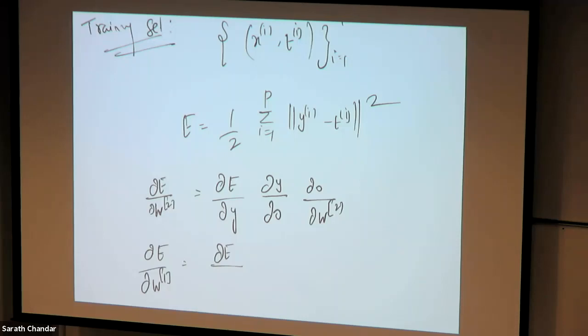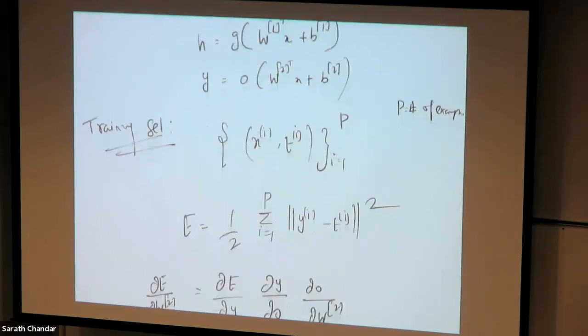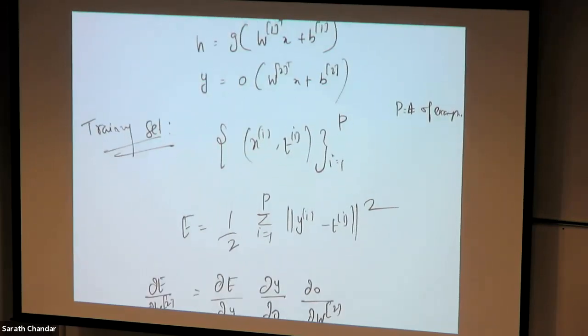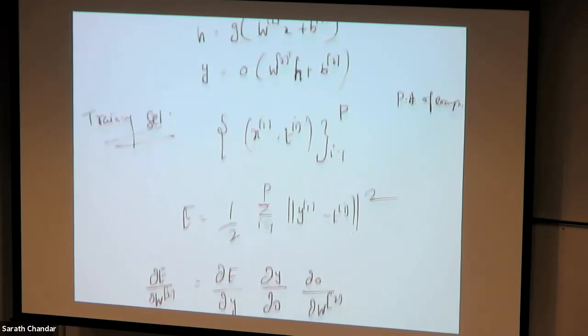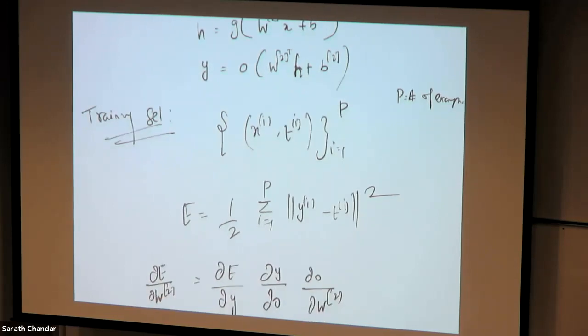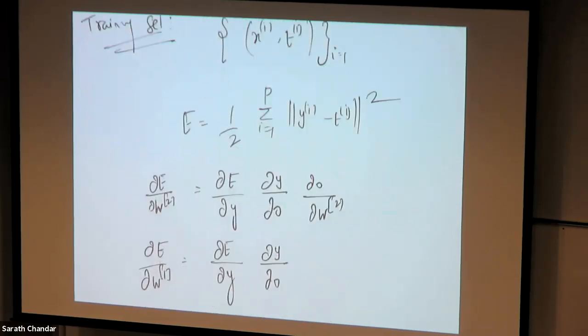Dou E by dou Y, dou Y by dou O. Oh, I made a mistake, so this is H. Sorry. You have to do it with the O to the H, H to the G, G to the thing, right? So dou O by dou H, dou H by dou G, by dou W1. Is that right?